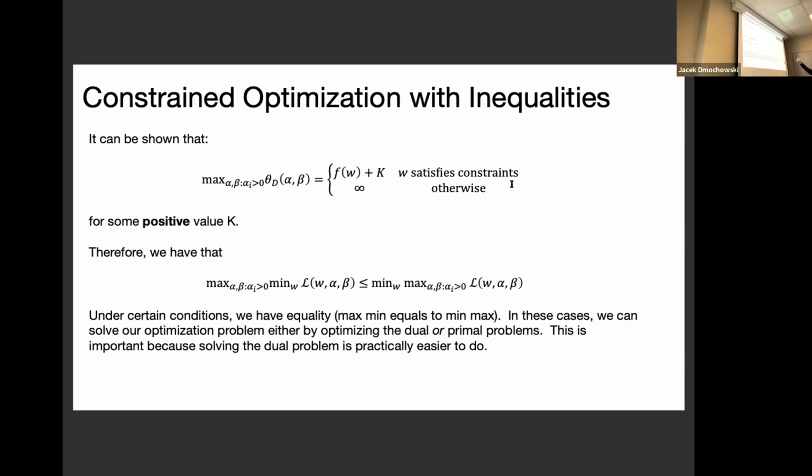If it doesn't, it's infinite, which means we can solve our constrained minimization problem by working with theta d, the dual problem. And why is that important? Because it's tractable to solve that problem. I'm going to show you on the next couple of slides what that looks like for support vector machines.